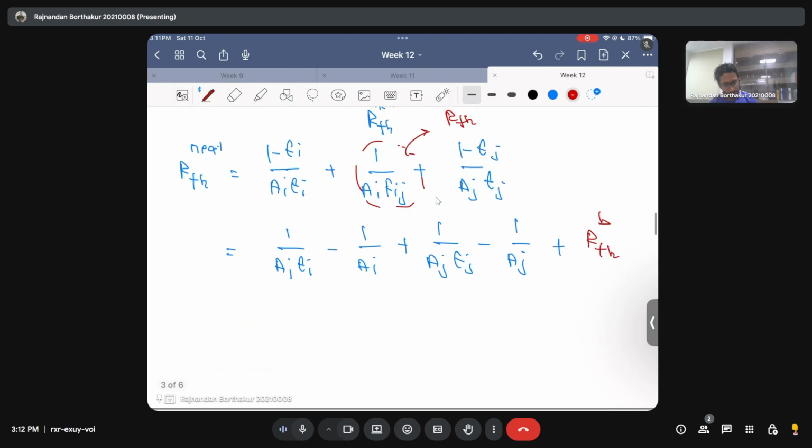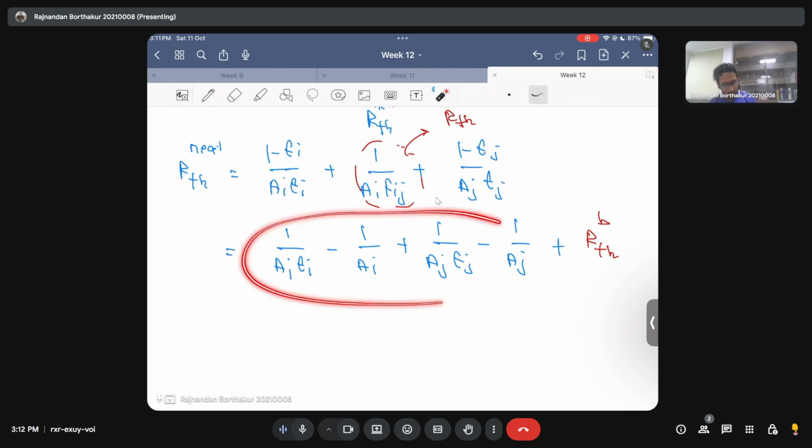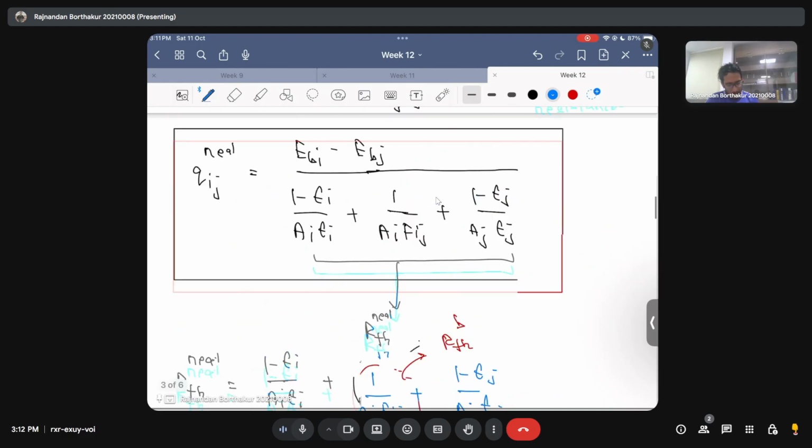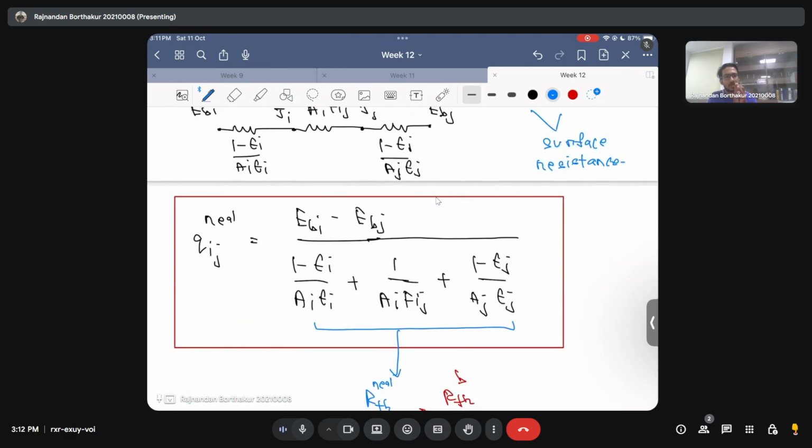Okay, so you can now see that RTH for real is equal to a positive quantity, because all of these are positive, plus RTH of black, which means that the radiation exchange between real surfaces is going to be lesser than the radiation exchange between the surfaces I and J, had I and J been black bodies.